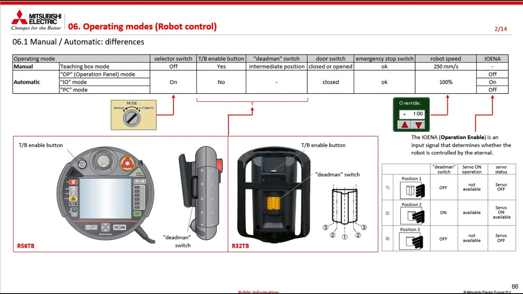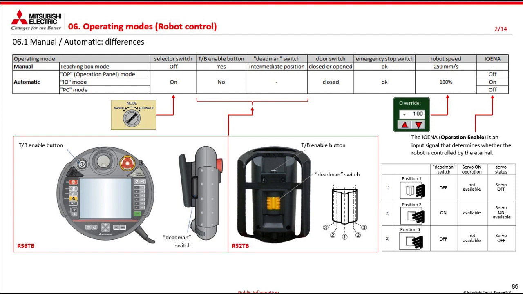Please note that the teaching box display always shows a speed value called override, in percentage. This 100%, which in manual corresponds to a maximum of 250 millimeters per second, in automatic will then be transformed into the actual speed of the robot, therefore 8, 9 or 10 meters per second.